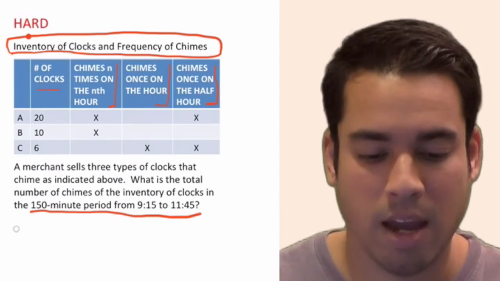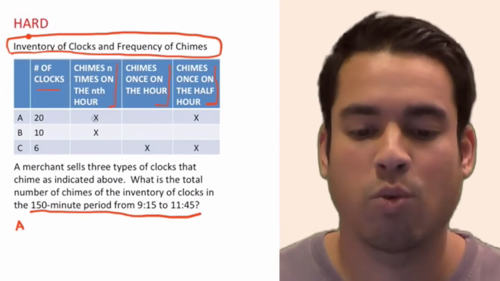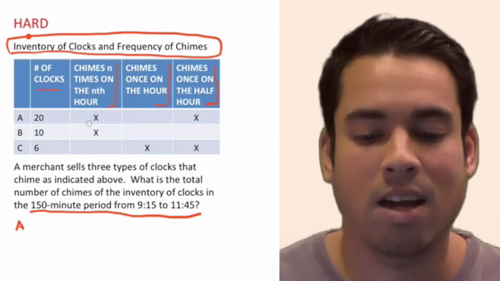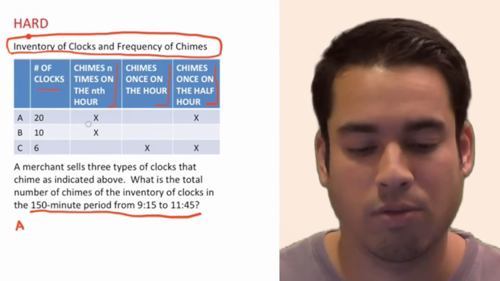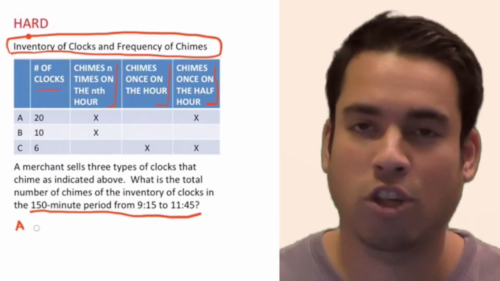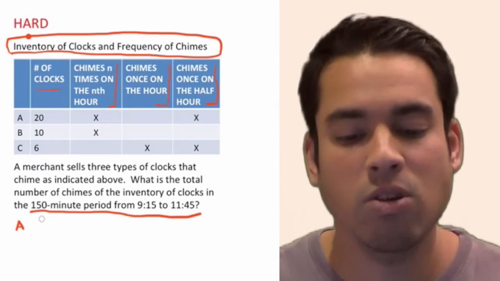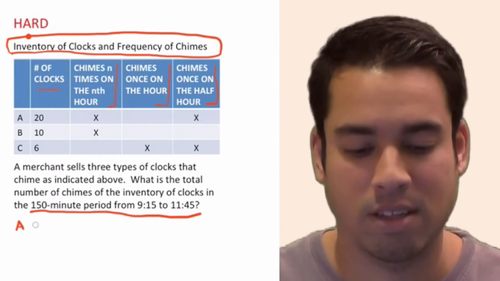So let's first think about A. With A we have 20 clocks, right? And those 20 clocks, first of all, chime n times on the nth hour. From 9:15 to 11:45, it's not going to chime at 9 because that's before the period indicated. So the first hour that's going to hit in this period is 10.